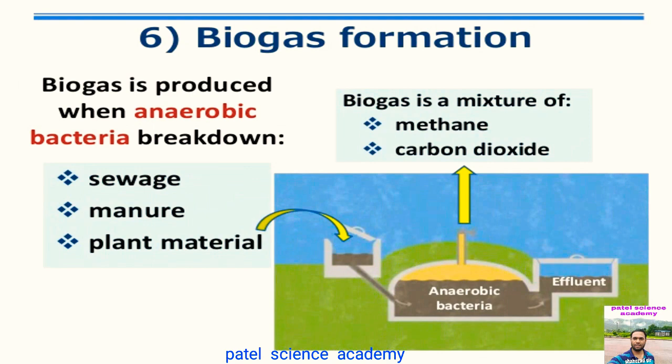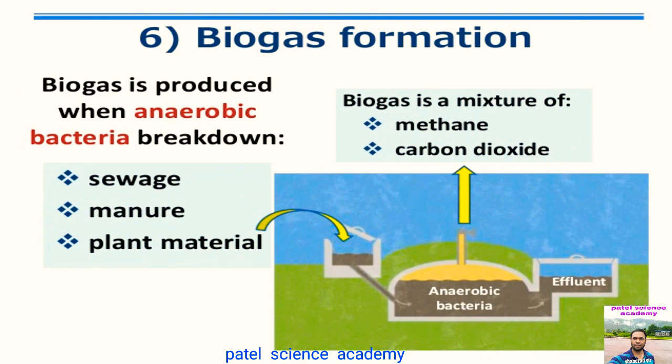Dear students, biogas is produced when anaerobic bacteria break down organic matter. So this anaerobic bacteria play a very important role in the production of the biogas. Most commonly used models of the biogas plants are KVIC and IARI.